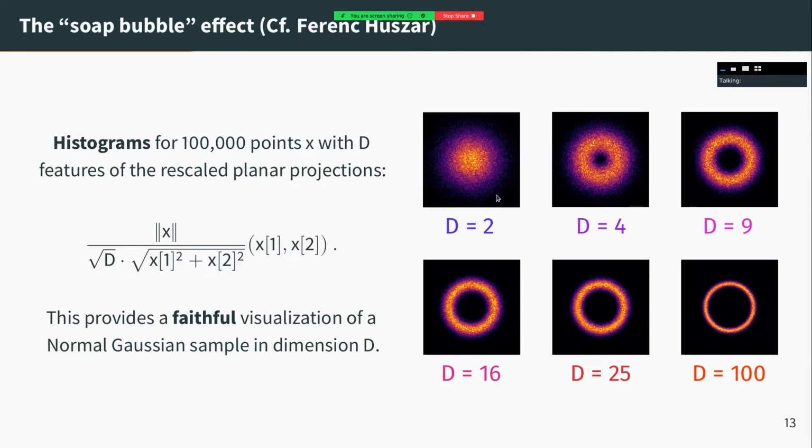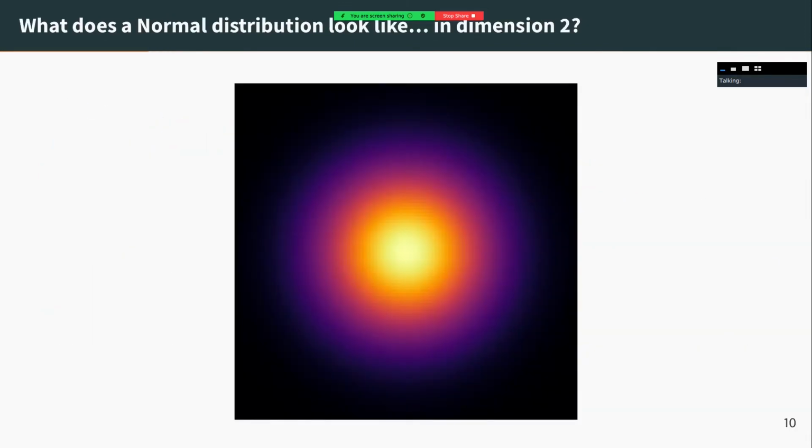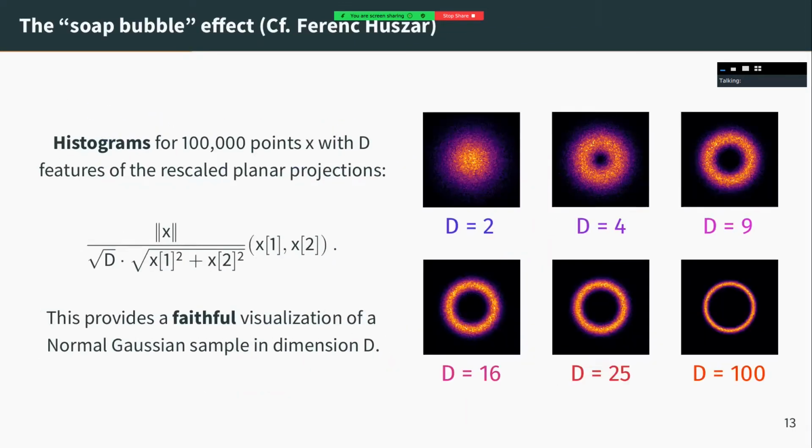Well, in dimension 2, we have nothing. This is a standard plot, just a discrete equivalent of this density map. But you see that when we increase the dimension, d equals 4, d equals 9, d equals 16, 25, 100, the density concentrates around the unit ball.